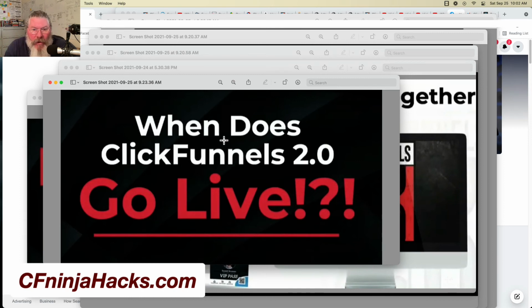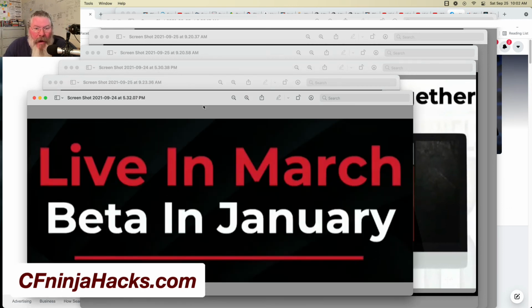And then in January of next year, they're planning on rolling it out in beta. So again, they're going to bring in more people. With the Funnel Hacking Live crew, it's going to be like 5,000 people. What does beta look like? I have no idea, but they're going to start opening it up to more people, maybe 10 or 20,000. I have no idea.